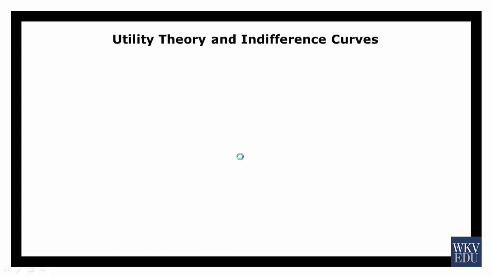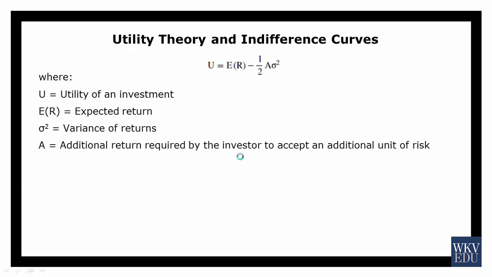The utility theory and indifference curves. In the investment management arena, utility is a measure of the relative satisfaction that an investor derives from a particular portfolio. For example, a risk-averse investor obtains a higher utility from a definite outcome relative to an uncertain outcome with the same expected value.